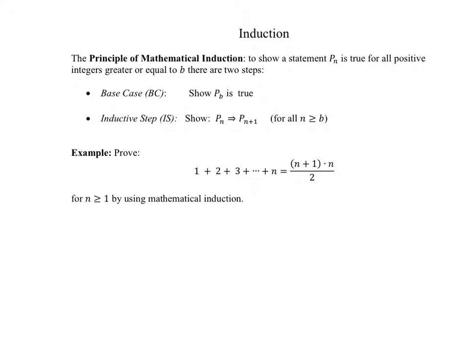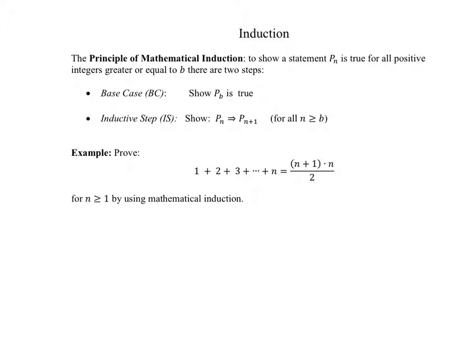Or it could be about a sequence of numbers. We're guessing that the sequence of numbers works out this way, and we can prove it with mathematical induction. So if you ever have a guess at a particular formula or a particular pattern that's repeating about the integers, mathematical induction is a wonderful tool to get us started trying to show that your guess is correct.